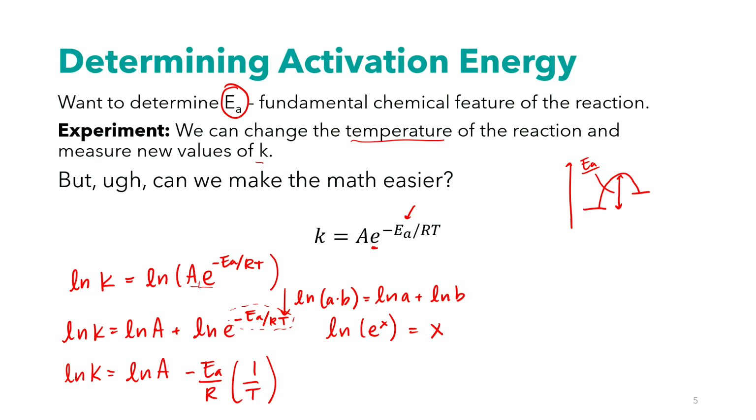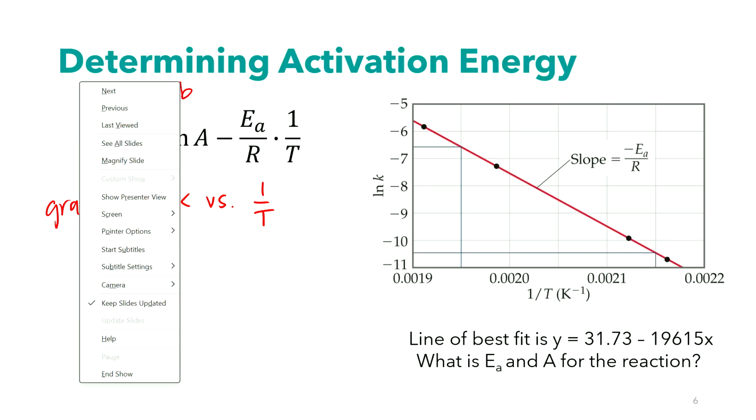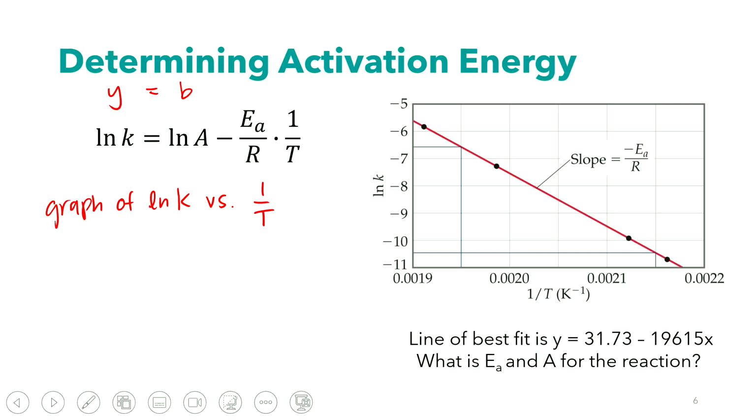And so now we see ourselves in a similar situation. I'm going to bring us to the next slide, which has this same equation written out for us. Sort of similar to what we did in our integrated rate laws. If I graph the natural log of the rate constant versus 1 over T, that gives me a linear relationship. ln of k is y. ln of A is b, our intercept, plus mx.